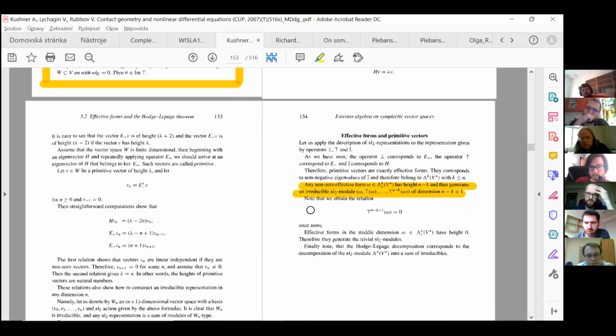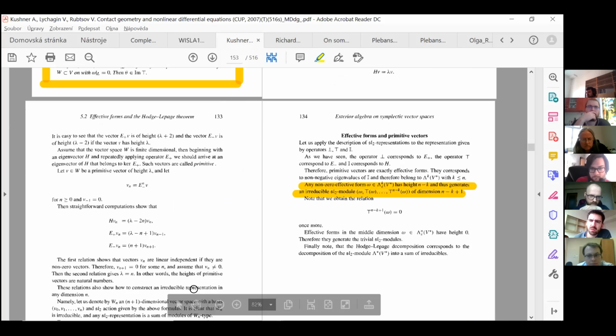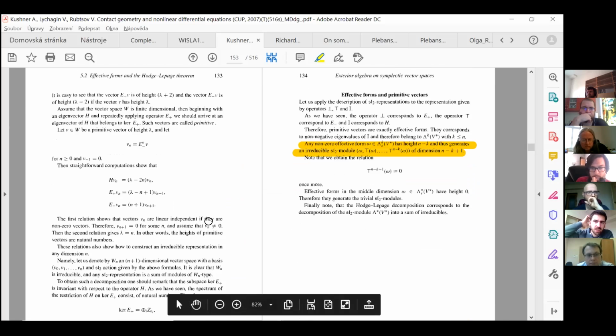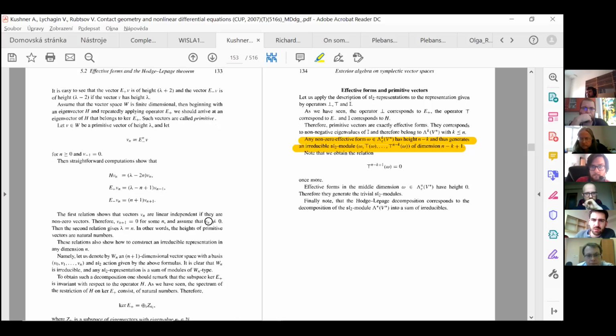Then you find a primary, that's what the decomposition is about. You find the highest weight, like you pick your form and you start acting on it, right? And you find the highest weight guy, and that's the effective form, and the rest are descendants in the Verma module or something. Yes, I think so.